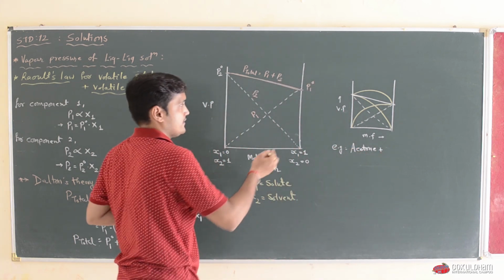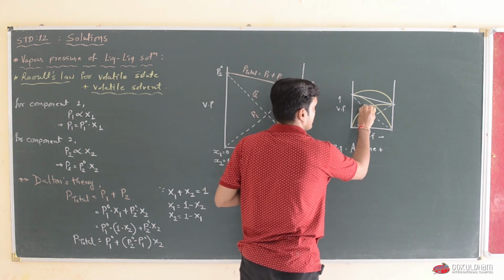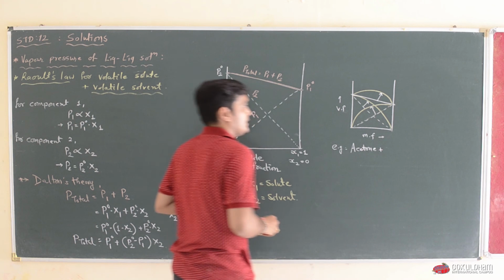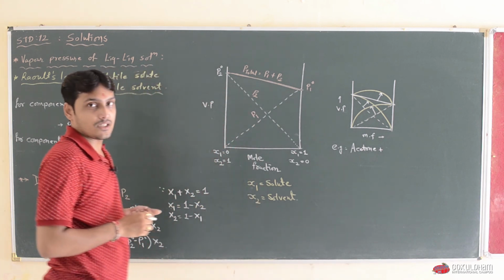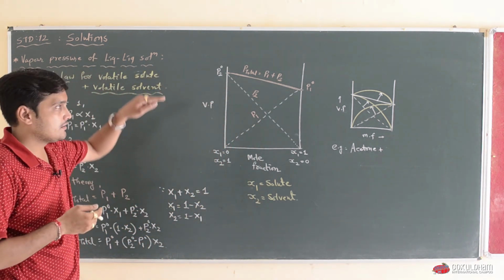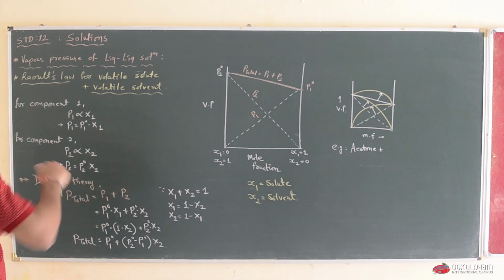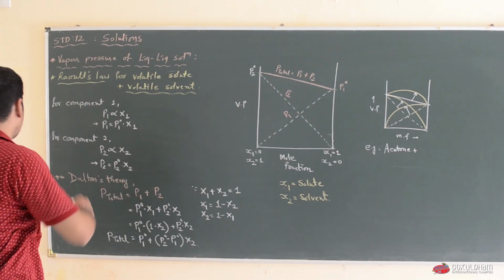This positive deviation means you will get the graph in the upper direction on all three axes, and for negative deviation, these curves are under this graph.